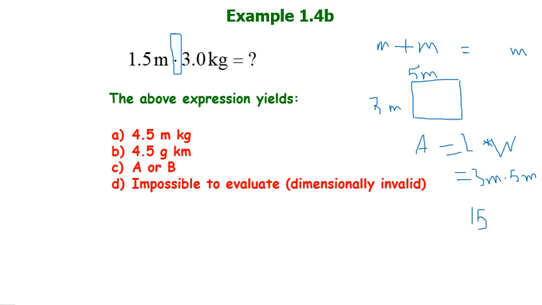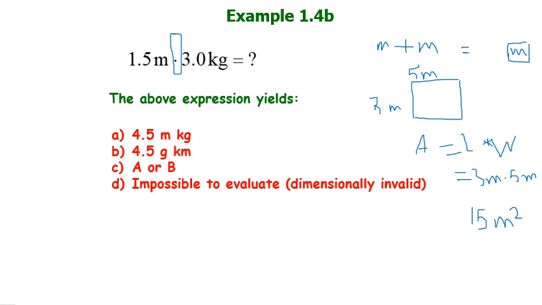We should multiply meter times meter. Meter times meter would be like x times x, x square, meter square. But the addition or subtraction would be just meter.